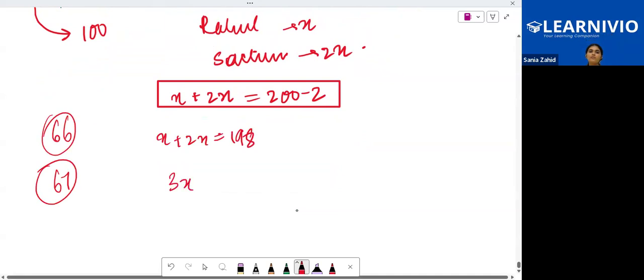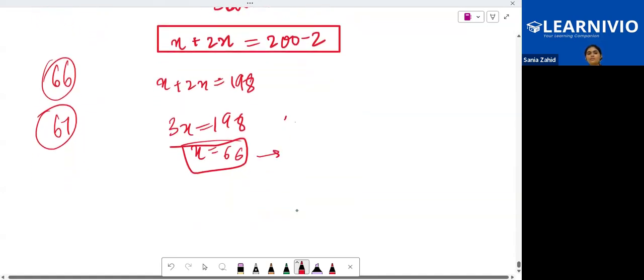So 3x gives you 198 and x gives you 66. That means Rahul scored 66 runs, right? Yes, ma'am. If Rahul scored 66 runs, then Sachin scored 2x, that means 2 into 66 runs, 132 runs by Sachin.